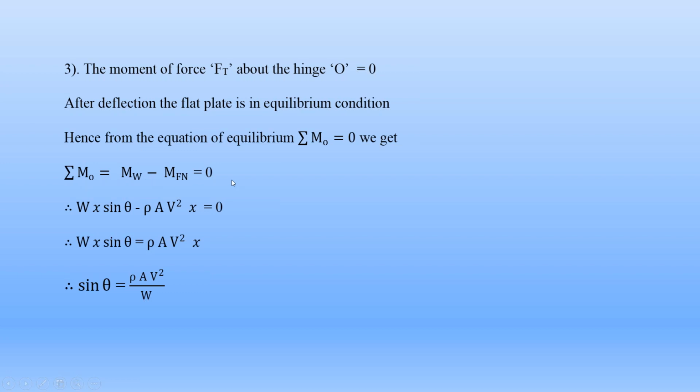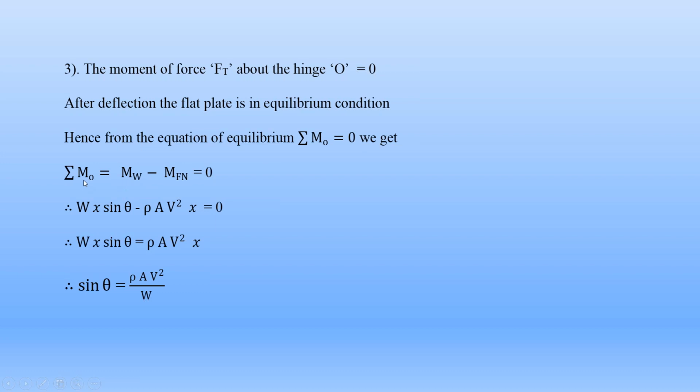Algebraic sum of the moments is 0. How many moments are acting on the hinge? Two moments. One is the moment of the weight of the plate, Mw, clockwise, positive moment. Next one is the moment of the force Fn, anti-clockwise. So about the hinge support on the metal plate, the algebraic sum of the moments is 0.